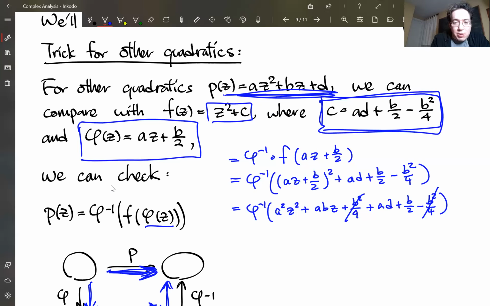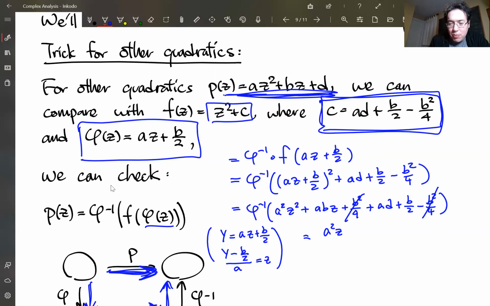So let's just compute that. If I'm going to compute the inverse, I subtract b over 2 and then divide by a, then I'll get z. Okay, so that's the phi inverse function.